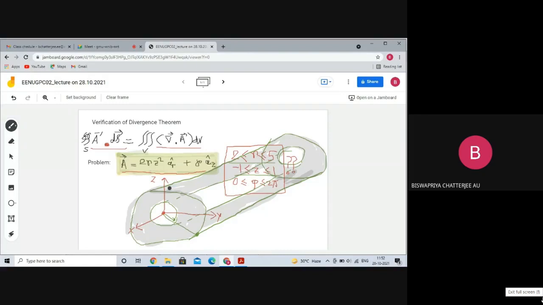Due to 2 to 5, there is nothing physical beyond this region, so it forms a hollow cylinder. Please clarify your doubts at this point, whether this diagram is okay with you or not.